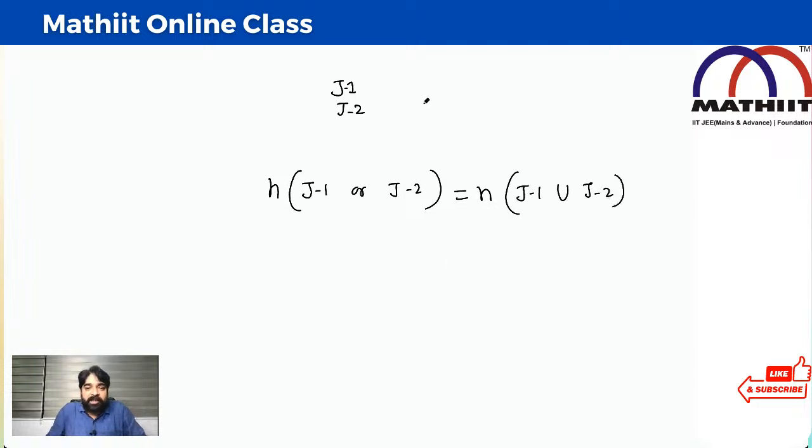Do you remember set theory? n of A union B equal to what? n(A) plus n(B) minus n of A intersection B. Everybody remember this point?